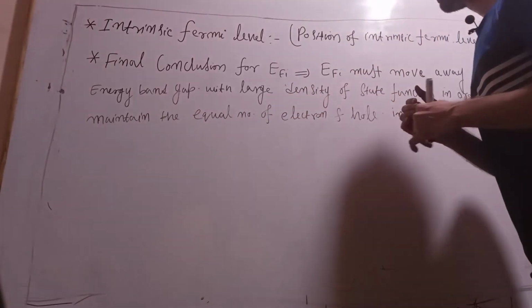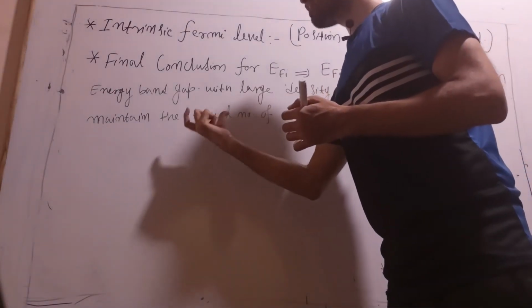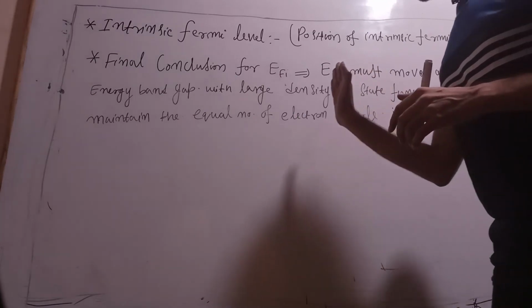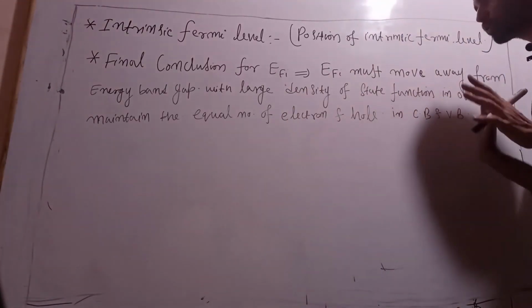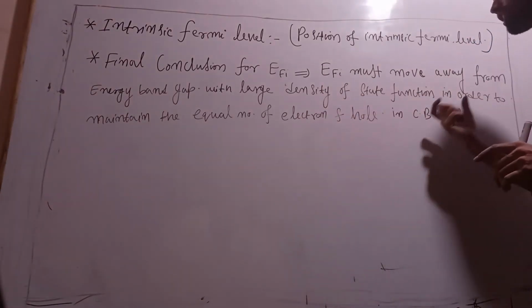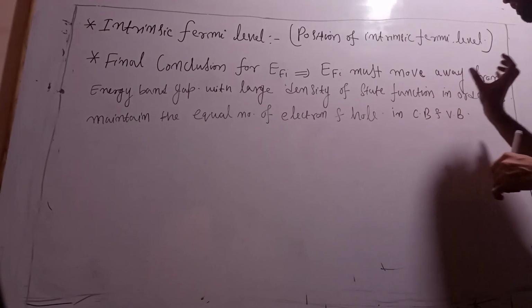So we can say it is an intrinsic semiconductor material where the concentrations of both electron and hole are equal. Therefore we call these the intrinsic carrier concentration of electron and the intrinsic carrier concentration of hole.